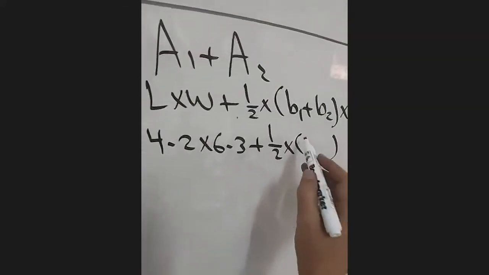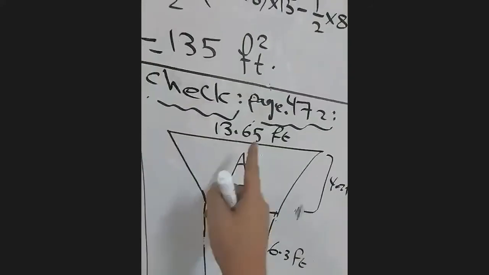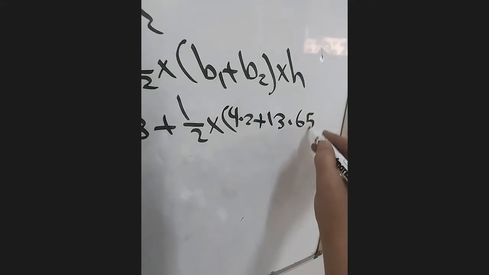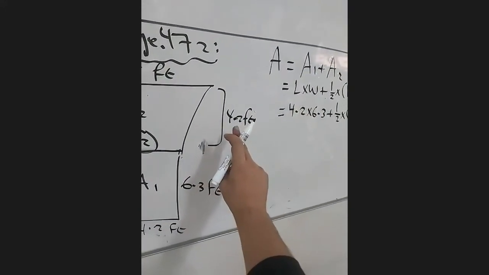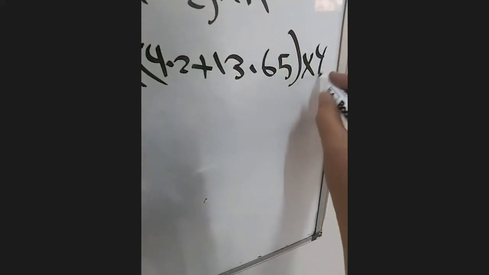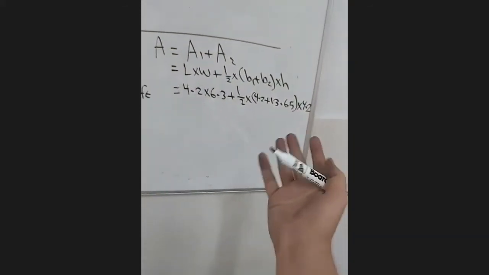So 4.2 plus base number 2, which is 13.65, multiplied by the height. The height is given on the side here. How much? 4.2. So I replace the variables by the numbers.